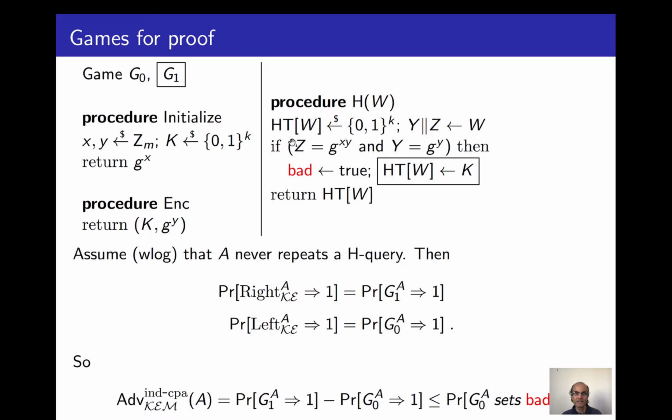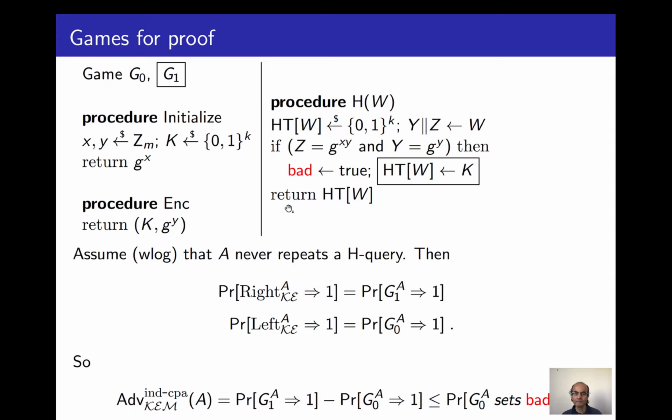So I now say, never mind my choice here, I'm going to rewrite it and actually stick k into the hash table for w, meaning define the value of the hash function on this particular w given by this z and y to be the same thing I already put here, and eventually return it. So additionally, we flag this event as bad. Why is it bad? Because we expect it to seldom happen because it involves the adversary figuring out this.